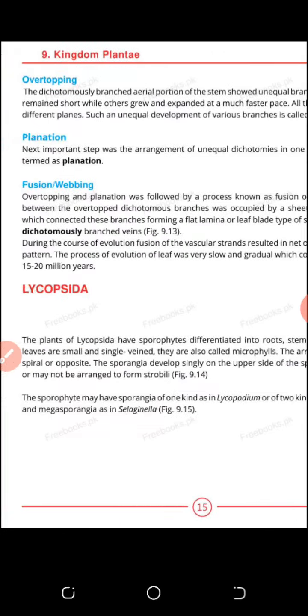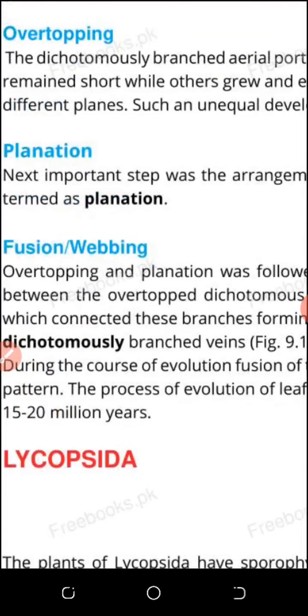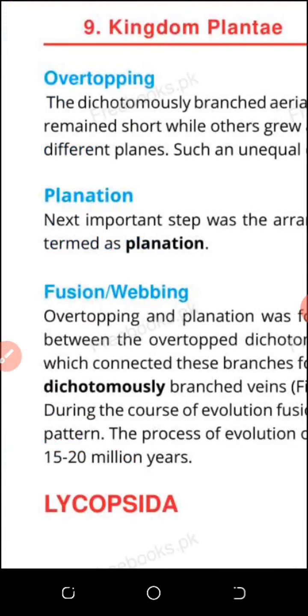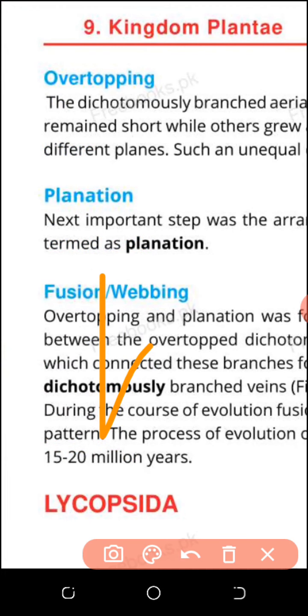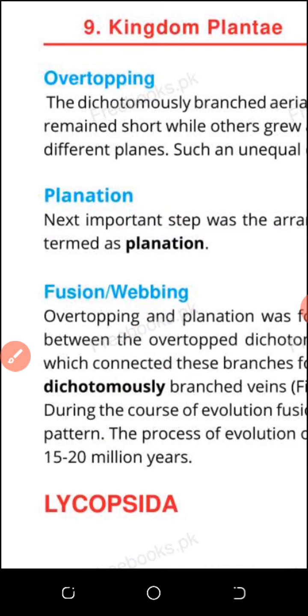Now I will discuss the process by which the leaf evolved. Some branches will grow more, some branches will grow less, so they will form unequal dichotomous branches. They will come into the same plane by planation, all will come in the same plane, and then they will fuse, like this one.